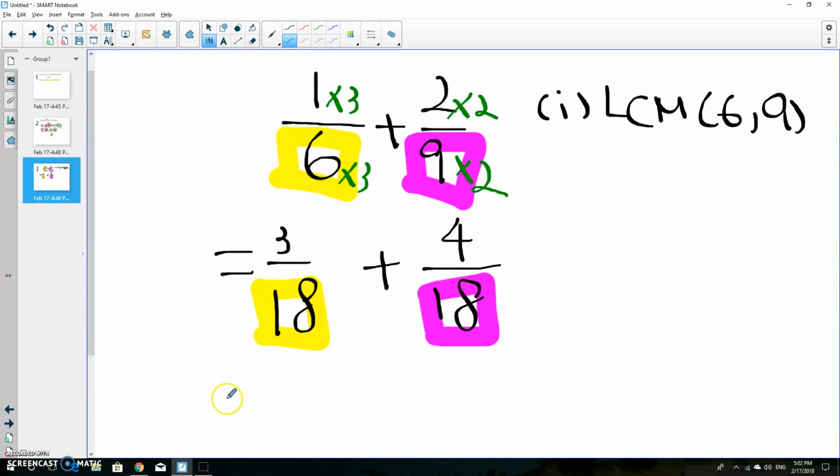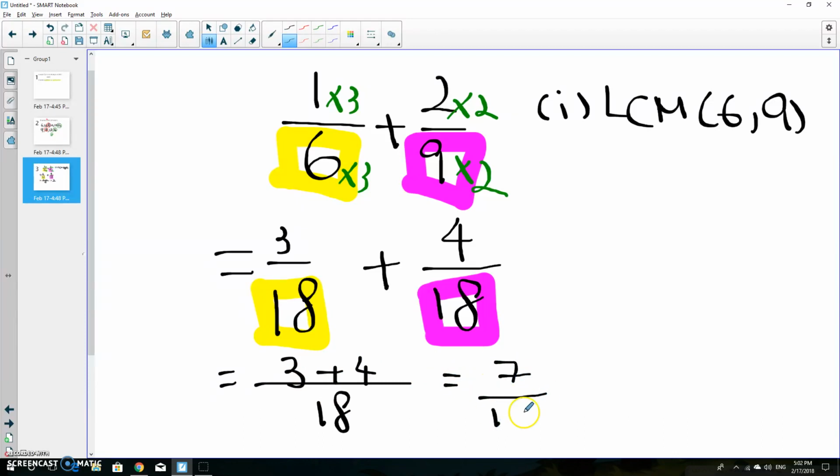All right, so now I can have one big line over there. I have 3 plus 4, and 3 plus 4 is going to be 7 over 18. So the lowest common multiple is the key to all fractions.